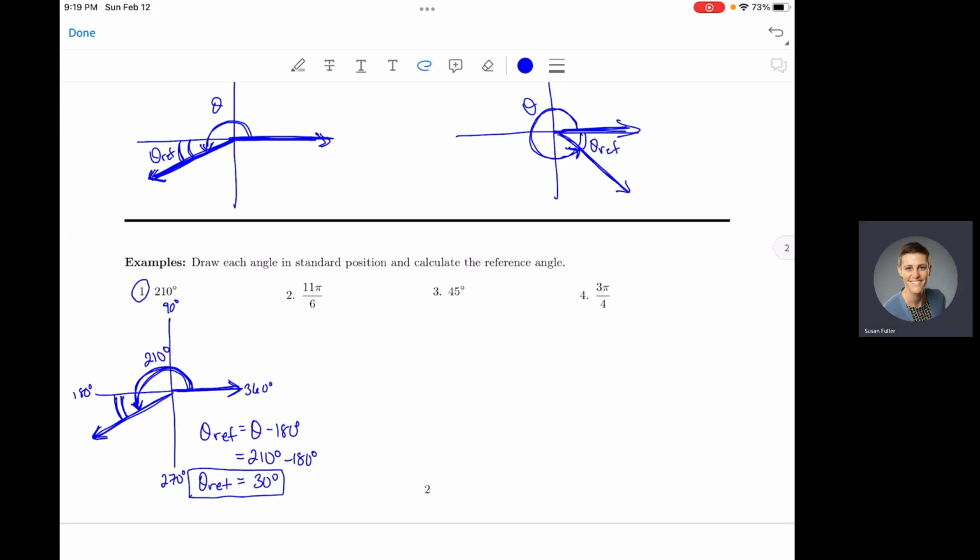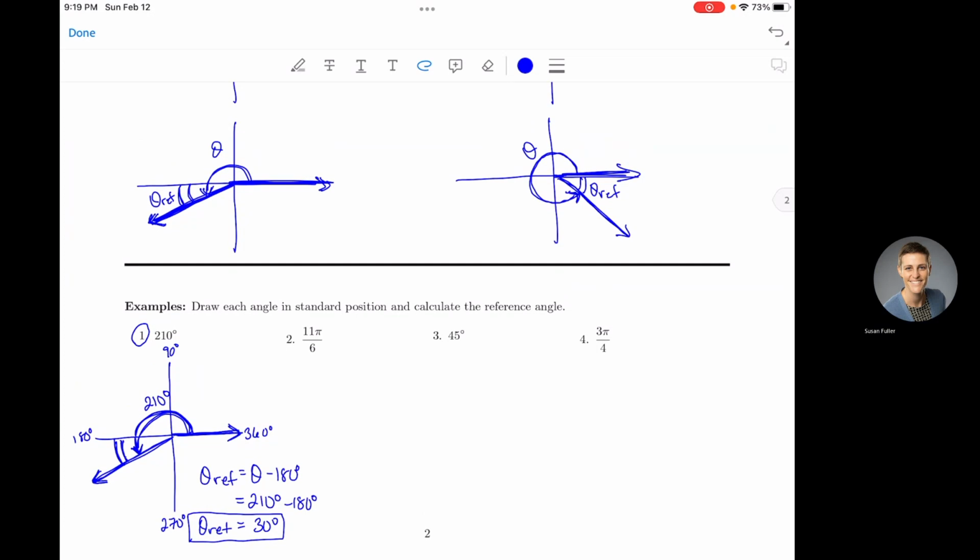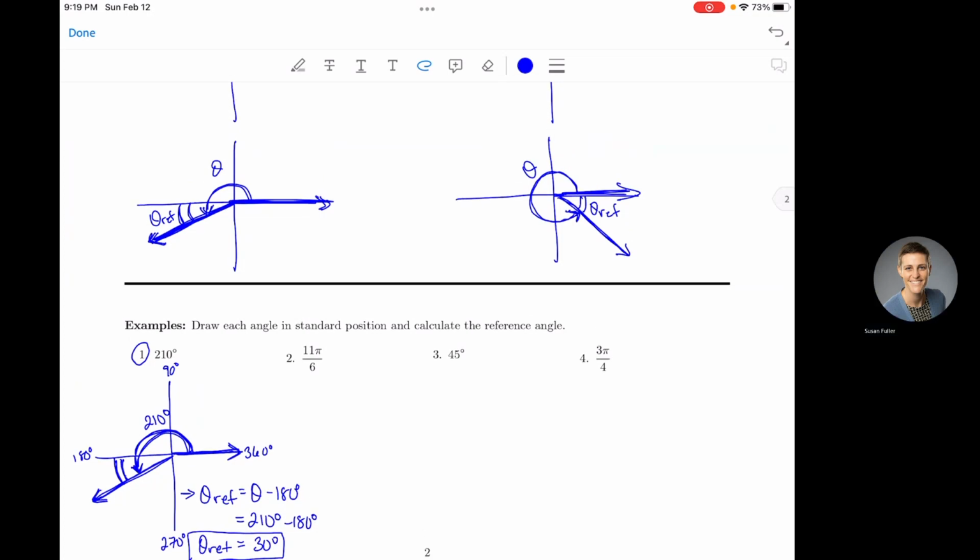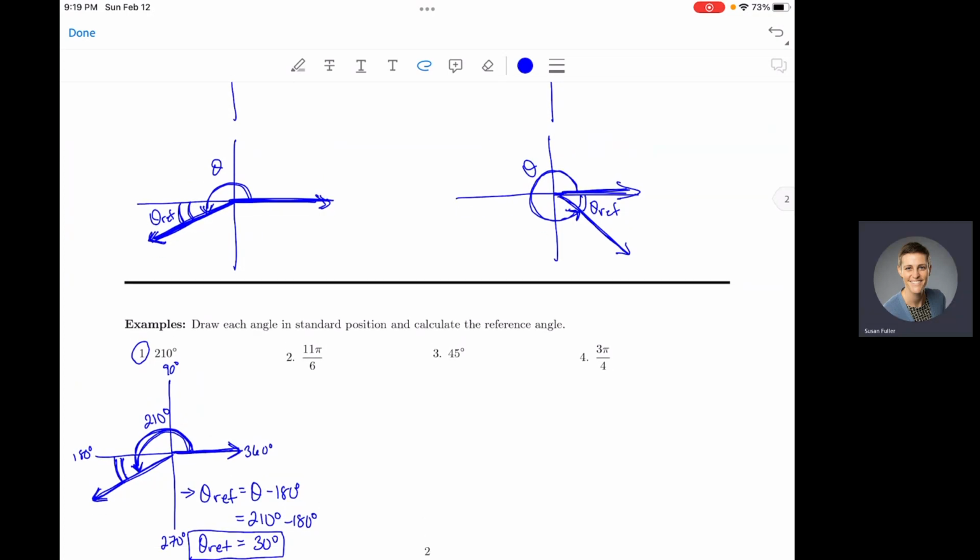And coming back up here, all angles in standard position that are positively rotating, this is how we're going to calculate our reference angle in quadrant 3. All of our quadrant 3 reference angles are going to have this relationship.